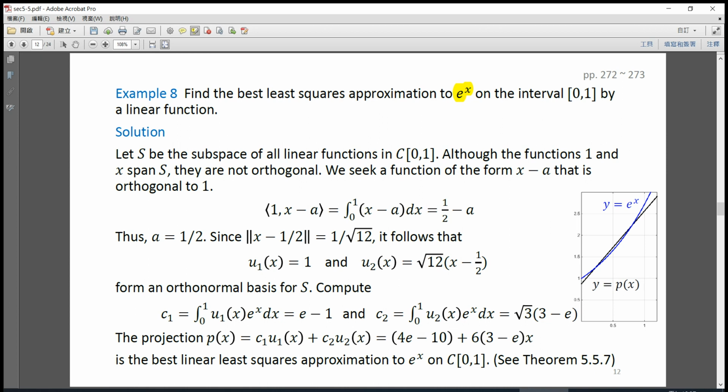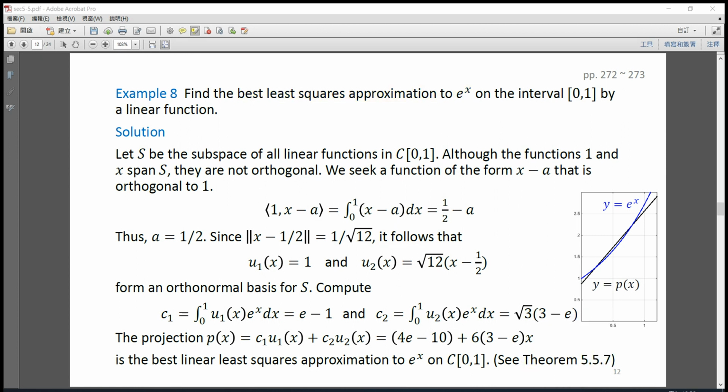Then we will apply Theorem 5.5.7 to compute the projection of the natural exponential onto the subspace of linear functions, and the projection is the best least squares approximation that we want to find.